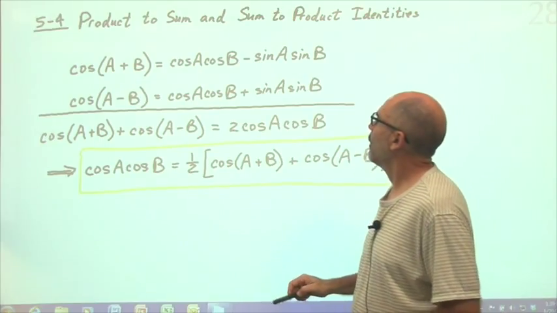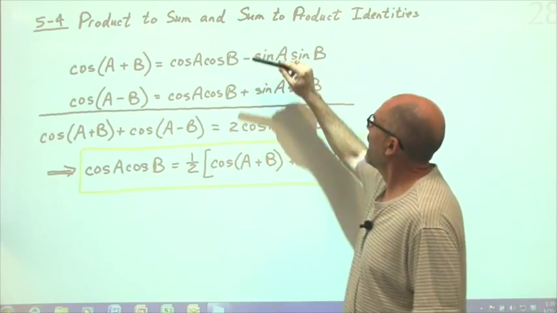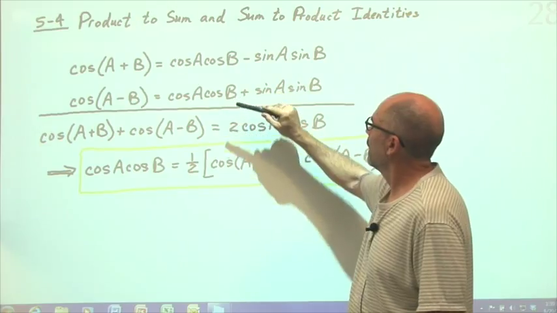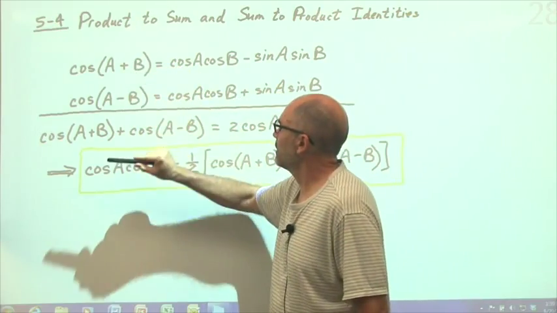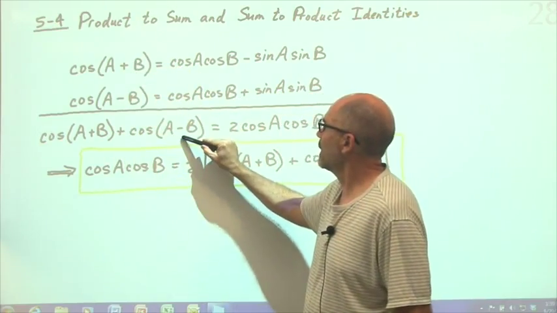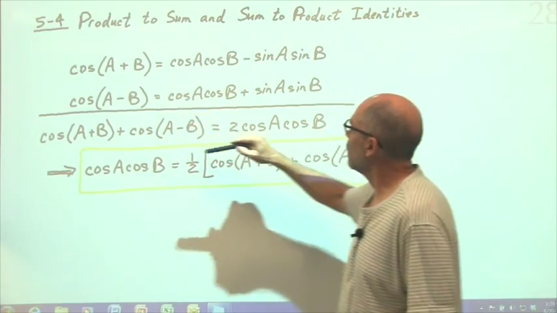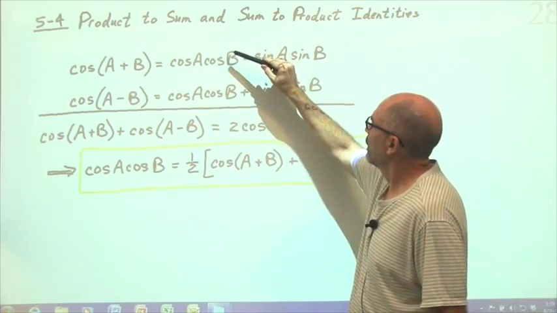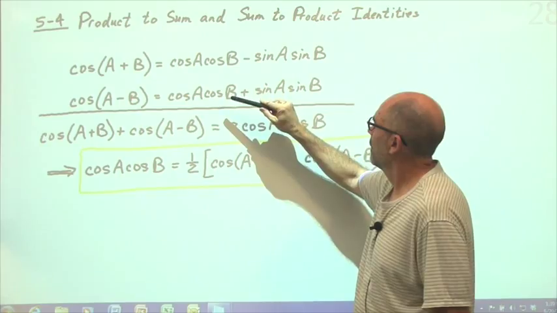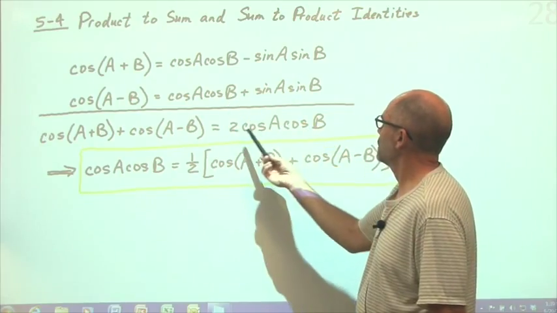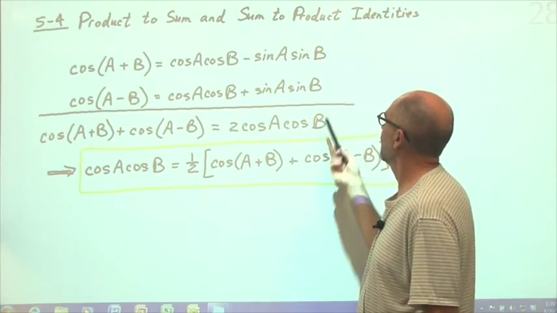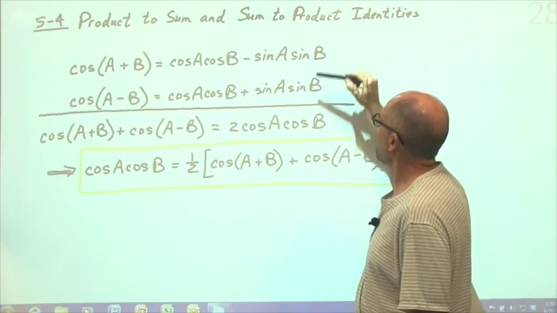So now what happens is if I add these up, I'm going to have cosine of A plus B plus cosine of A minus B. Well, look what happens. I have cosine A cosine B plus cosine A cosine B, which equals 2 cosine A cosine B, and the sine A sine B cancels.